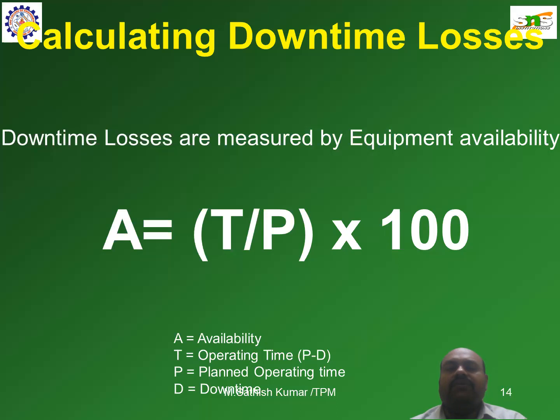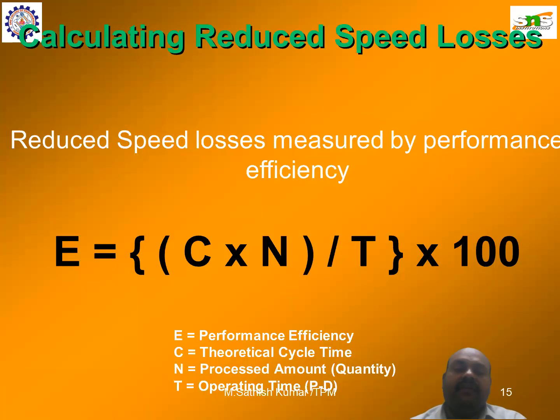So how do we calculate downtime? We have a small formula here: A equals T divided by P into 100. A is availability, T is operating time, P is planned operating time, and D is downtime. Reduced speed loss is measured by performance efficiency, and it is E equals C into N divided by T multiplied by 100, where E is performance efficiency, C is theoretical cycle time, N is processed amount, and T is operating time.